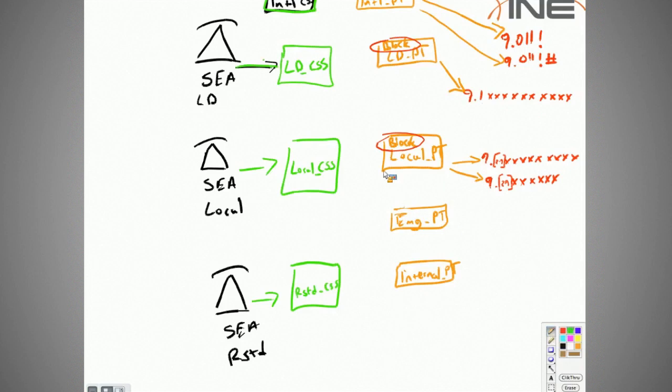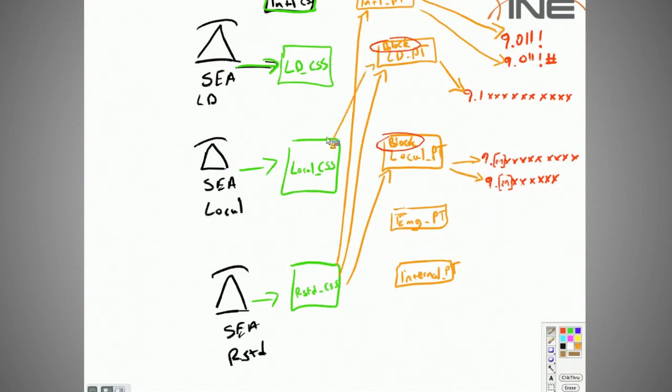So if I want my phones to have a restricted calling search space, as we see here, then I'm going to need to make sure that their restricted CSS includes block local, the block long distance, block international.